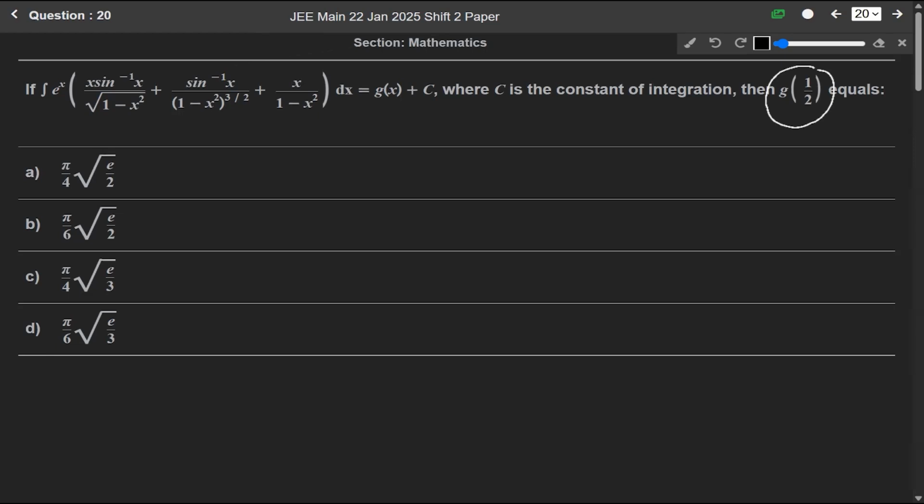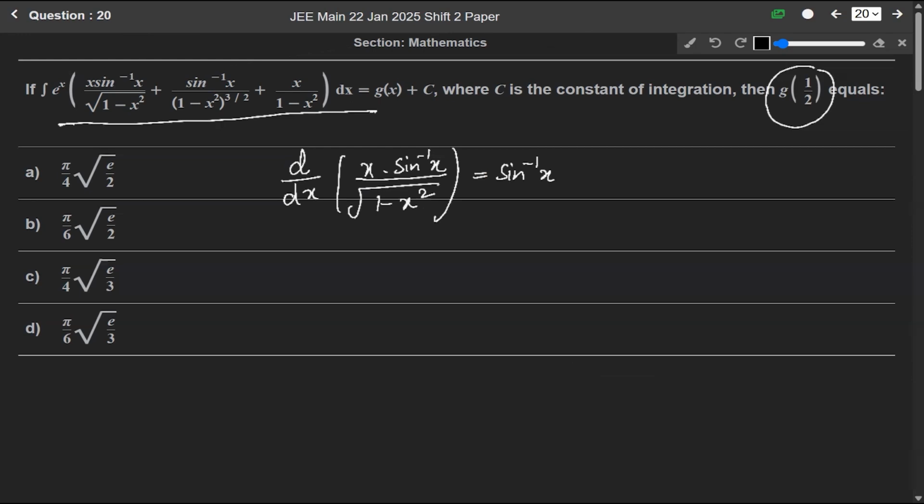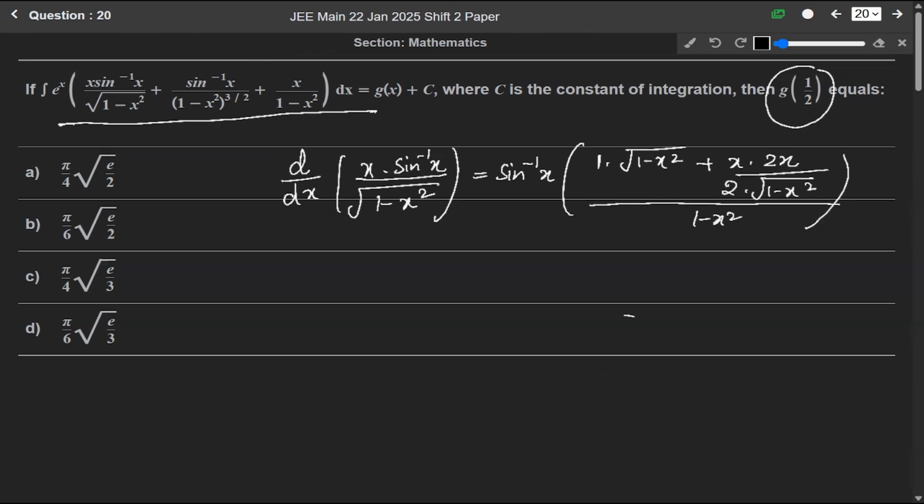For g(1/2), we are given this equation. So we can write d/dx of x sin⁻¹x / √(1 − x²) equal to sin⁻¹x times 1 into √(1 − x²), plus x into 2x over 2√(1 − x²) over (1 − x²), and plus x / √(1 − x²) into 1 / √(1 − x²).